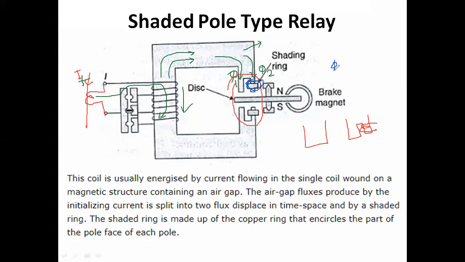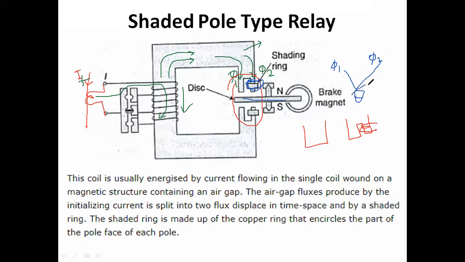There are two fluxes, phi 1 and phi 2, and these two fluxes are displaced by an angle theta. Phi 1 flux cuts the magnetic disk, phi 2 flux also cuts the magnetic disk, and there is a phase angle difference theta between these two fluxes, phi 1 and phi 2.